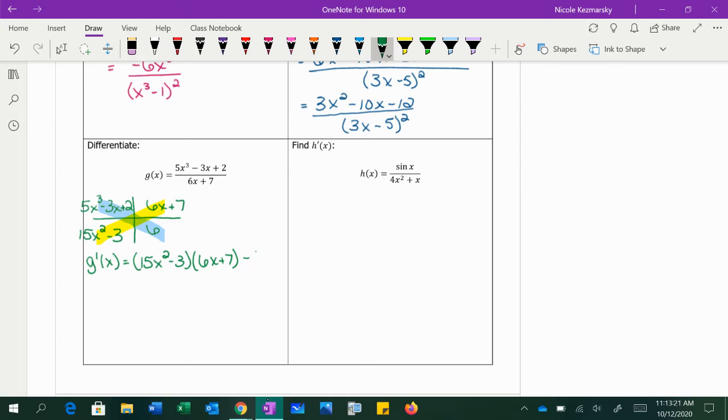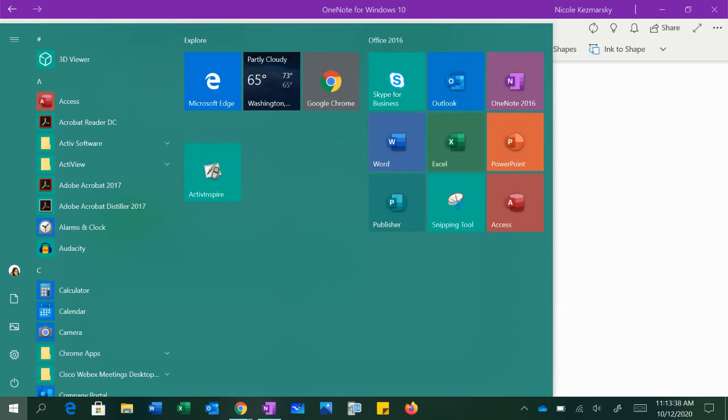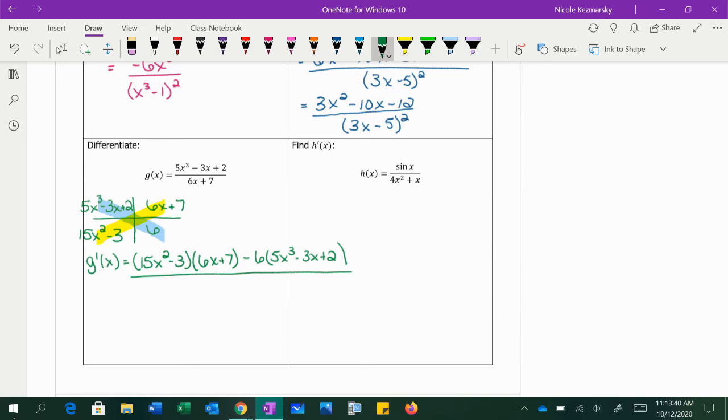So that's going to have 6 times 5x cubed minus 3x plus 2. And I switch the order on those on purpose because it is multiplication, so you can switch the order if you want to. And I'm going to divide by my original denominator, 6x plus 7 squared.